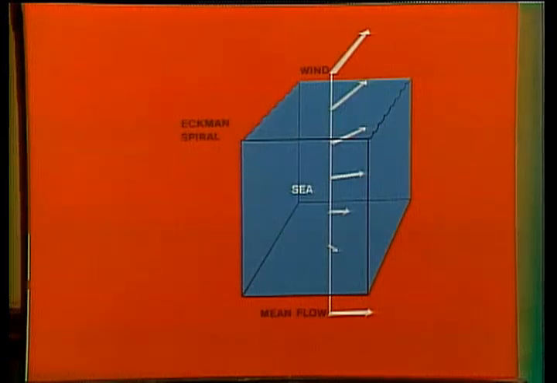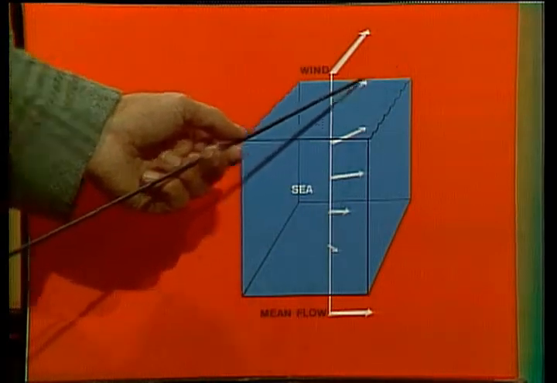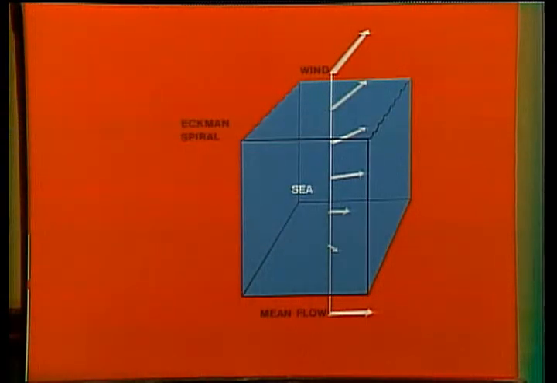Theoretically, some rather elementary calculations say that this water moves at 45 degrees, but we know this isn't quite correct. In fact, it's not really well known exactly how many degrees off the wind it is, maybe 10 to 15 degrees. But the surface waters in fact move a little to the right of the wind.